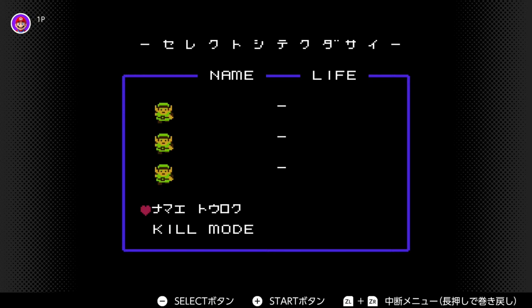And toroku, reminder that as usual, O-U combination is long O. Toroku means registration. And so that option, which we'll now select, is name registration.